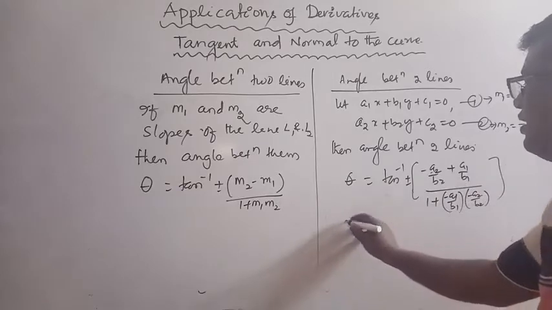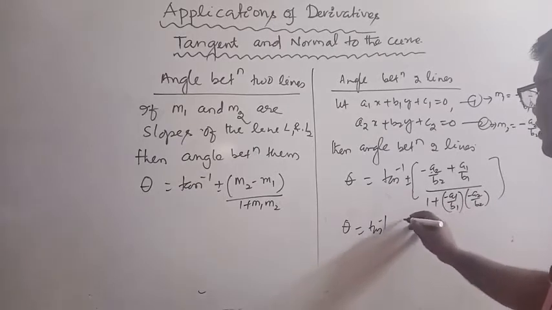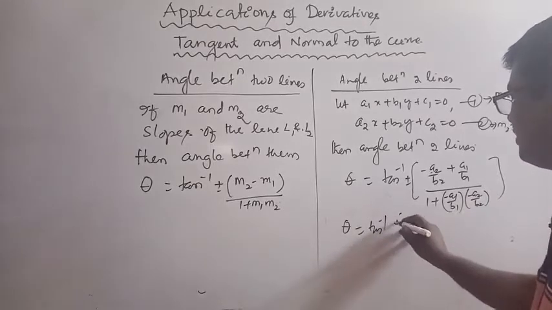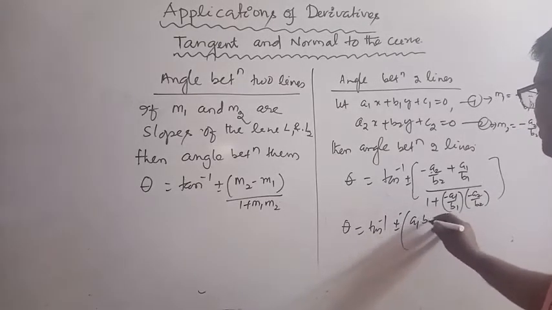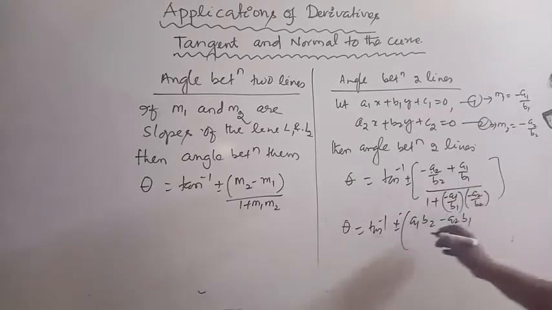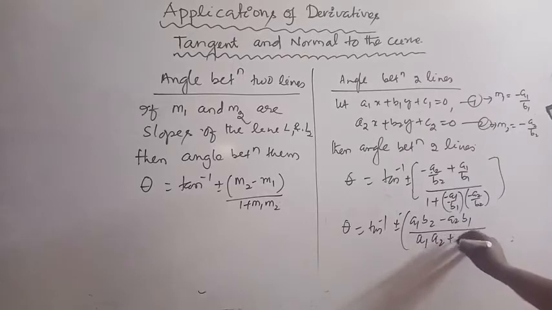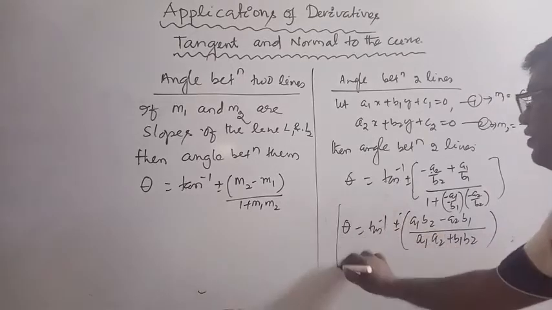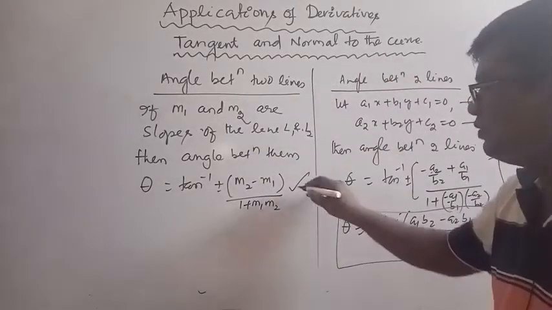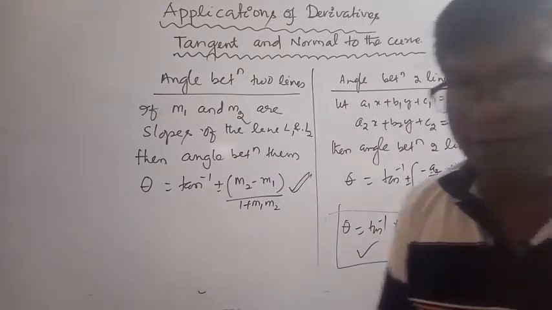So theta is equal to tan inverse of plus or minus a1 b2 minus a2 b1 divided by b1 b2, the b1 b2 cancels, whole divided by a1 a2 plus b1 b2. This is the formula. If slopes are given, use the earlier formula, and if the general form is given, we can use this formula to find the angle between two lines.